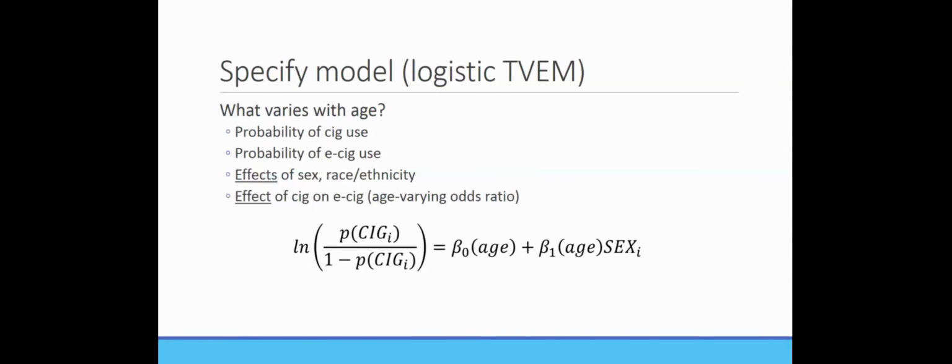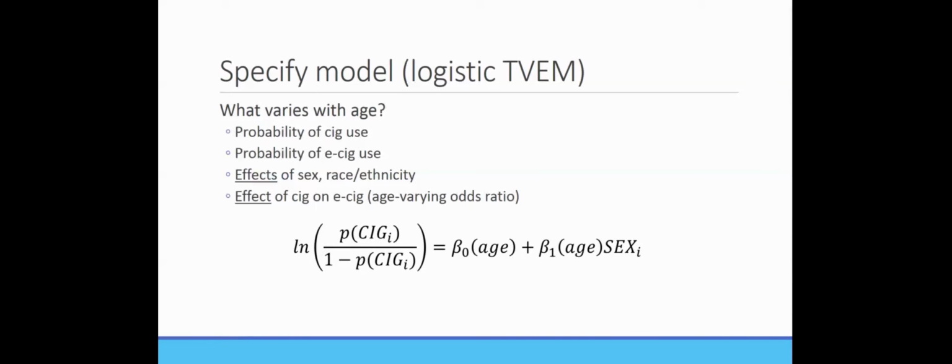So here is one of the models that we fit. You'll see the logit, the log odds of cigarette use, is expressed as a function of an intercept, which is age varying, because we posit that the probability of cigarette use varies with age, plus the effect of sex on the log odds of cigarette use.